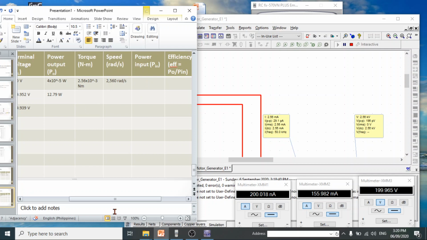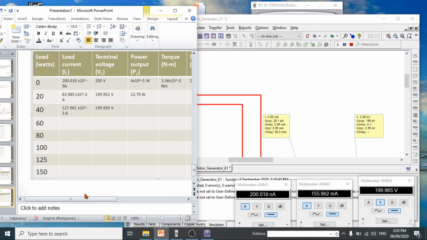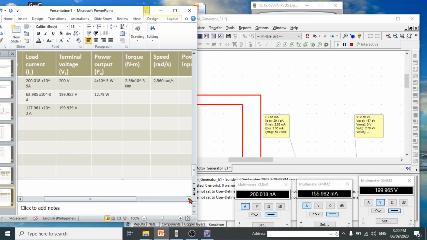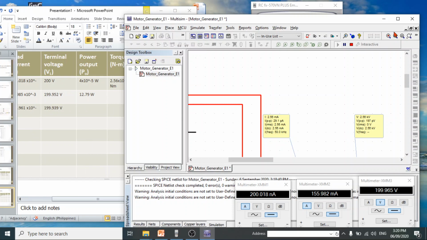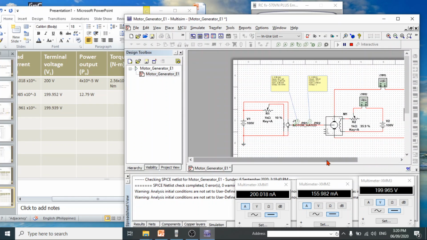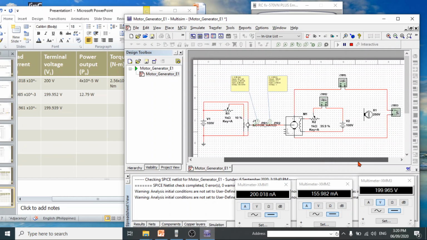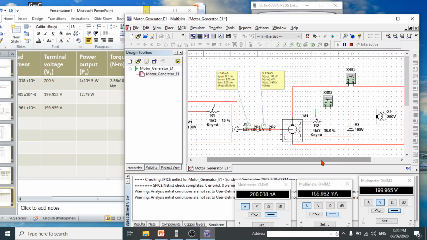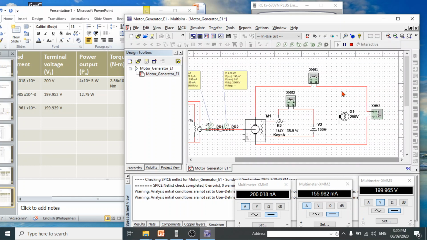Okay, so for the 20 watts load, we now connect the virtual lamp. You can use the scroll button on your mouse to zoom in and zoom out the working area.